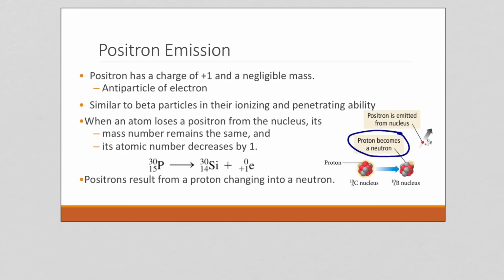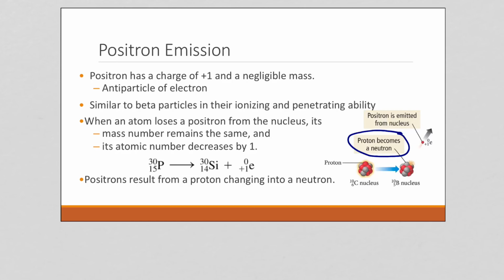So we take this positively charged particle, and it loses a positive charge in the form of a positron, or a positively charged electron. So the mass basically remains unchanged, but now that positive has become neutral, or functionally a neutron. So this does the opposite of a beta decay.